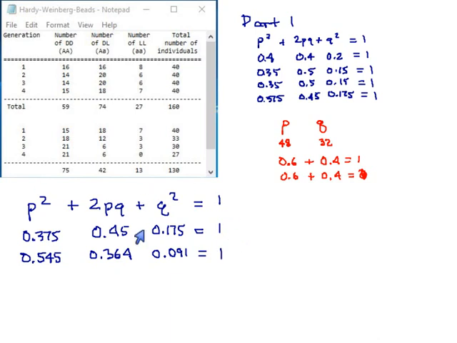Now, I suspect I was a little lucky here with how I rounded. I would not have been surprised to add these up and get like 0.999 or 1.001. Sometimes when you're rounding decimals like this, that happens and you will not hit 1 exactly. And when that happens, it basically means you didn't carry enough decimal places. And if you had, these numbers would have added up to 1.